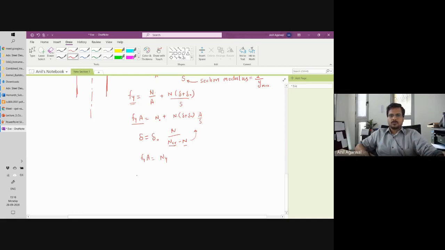Fine. So we'll call it Ny is equal to n plus n delta, where delta is equal to delta naught plus this much. So delta naught we can take out: 1 plus n divided by n critical minus n, A divided by S. Is that okay?